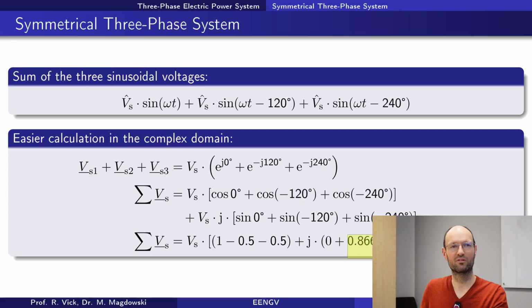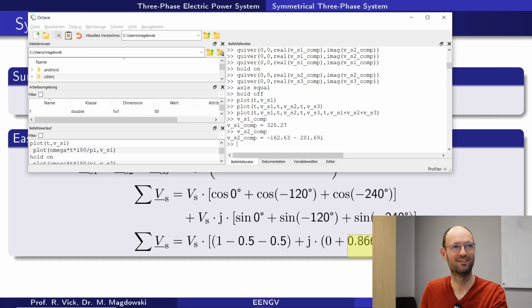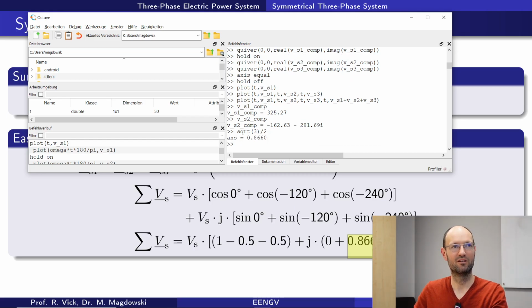Does anyone recognize what is this value here? Or what is the sine of minus 120 degree? Who has a good mathematical view? Yeah, it's square root of 3 divided by 2. This is this value.